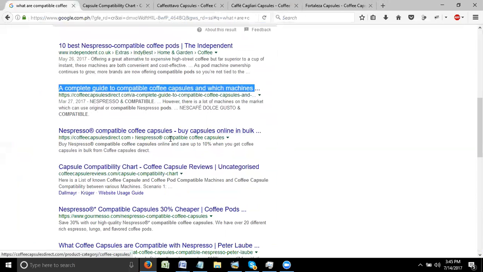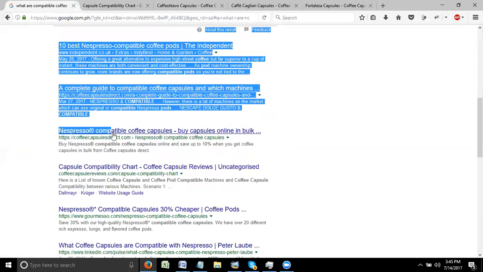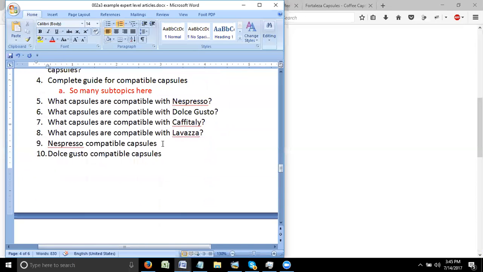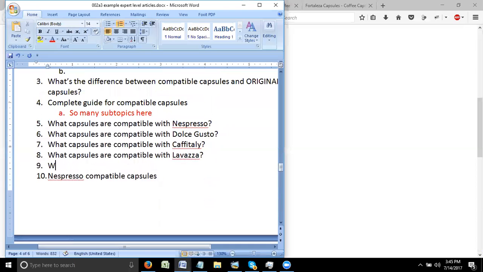Okay, so I just got another idea from this one here. It says here, buy capsules online in bulk. So another question that we want to answer is that where to buy Nespresso compatible capsules. Where to buy Dolce Gusto compatible capsules.